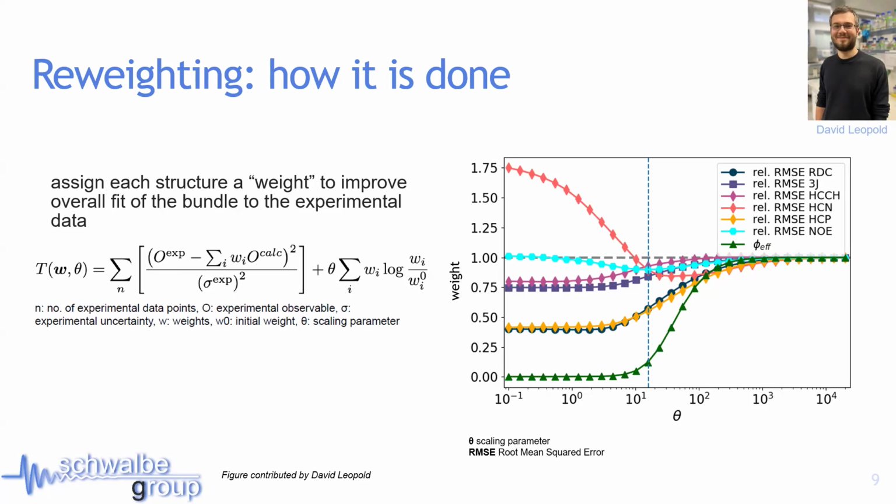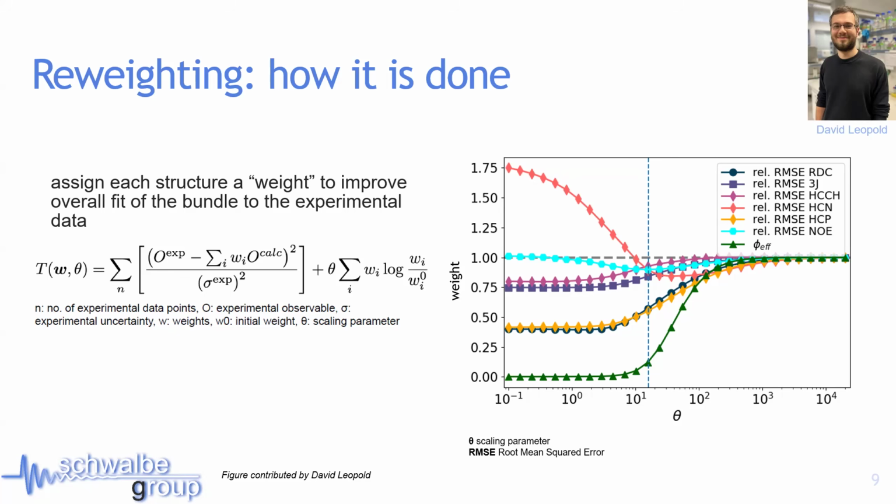And you can see here, for example, I think these are the gamma HCP rates and the relative change of the gamma HCP rate after reweighting, and the, I think, RDCs over here, we can actually get to a point where our HCN rates do not improve, but they actually increase in the relative error that we have there. So we over-restrain some structures. So we really want to prevent this.